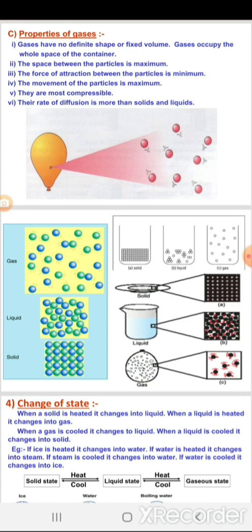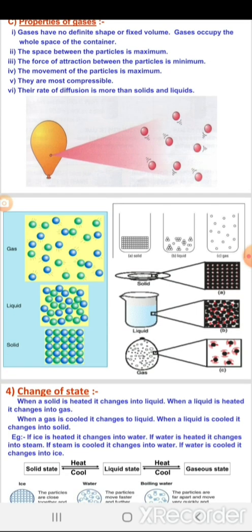The properties of gas are: the space between the particles is highest, the force of attraction between the particles is least or minimum, the movement of particles is maximum, and they are most compressible. You can highly compress gas, for example in your LPG cylinder. The rate of diffusion is much more than solid and liquid.